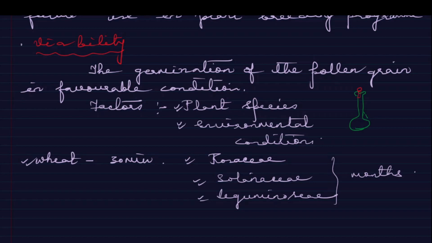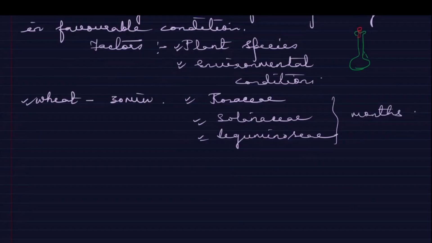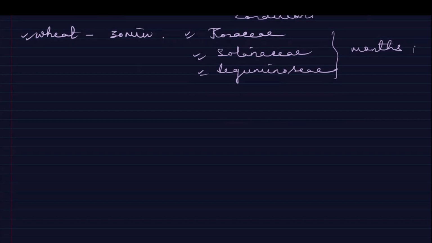So this is all about viability. Today I shall end my discussion with this description of pollen grains. And students, you should know the type of questions which come from here. I should mention a few of these questions: pollen grain as fossil, why can it be preserved as fossil?